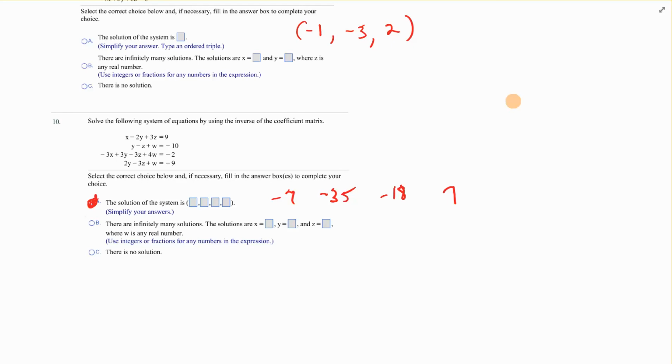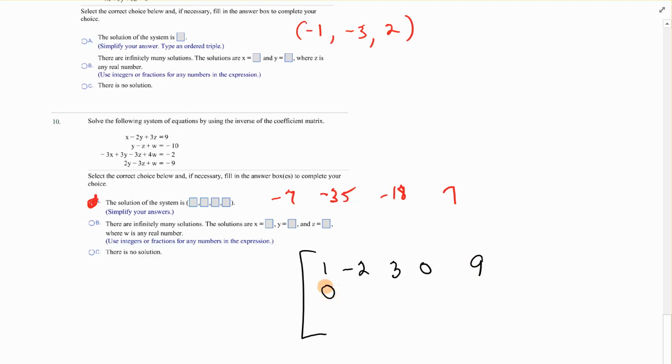This is how many rows? 4 rows and 4 by 5. So if you were doing that matrix, let's talk about that. Let's make that. So we have a 1, a negative 2, x, y. It should be. Are they putting W at the end? I think they are. 3 and 0 and 9.